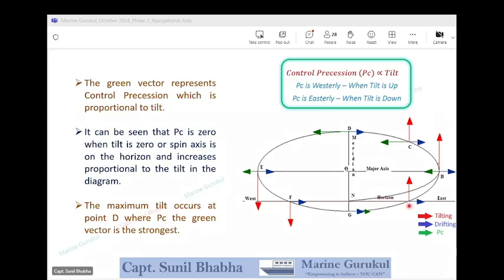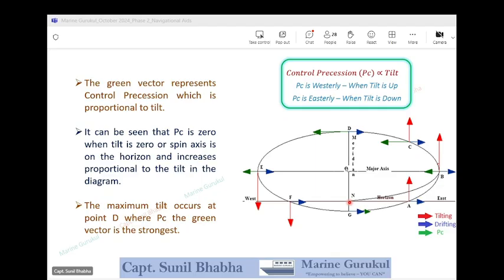Now in this diagram, we have the horizon at this particular location. You can follow the laser pointer. This is the horizon. Whenever the spin axis is on the horizon, the tilt is 0. Whenever the spin axis is above the horizon, we have an upward tilt, and whenever it is below the horizon, we have a downward tilt.